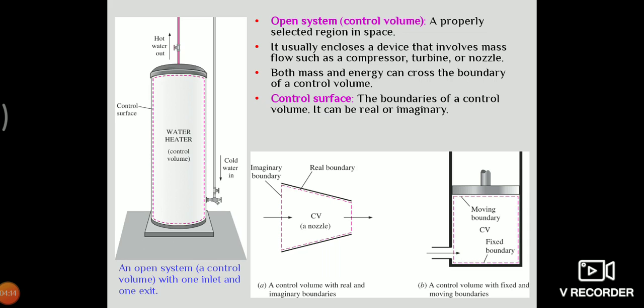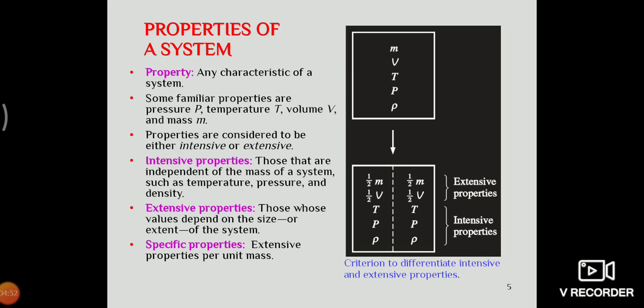Mass can enter or leave through this imaginary boundary of a control volume. The next important thing regarding an open system is that energy as well as mass can cross, that is, enter or leave the system. Next, we move on to the property of a system.